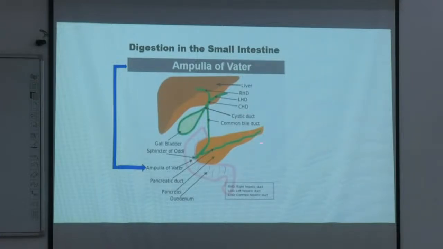Pancreatic juice also comes through this duct, and they open through the ampulla of Vater to the second part of the duodenum. So pancreatic juice mixes along with the bile.